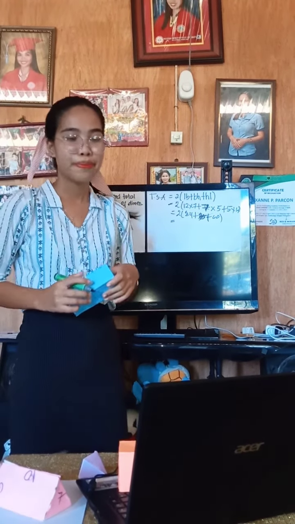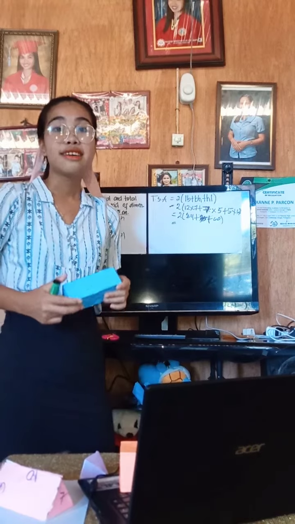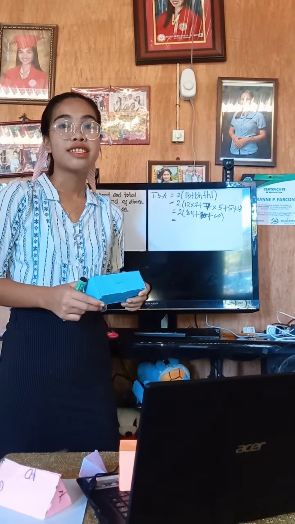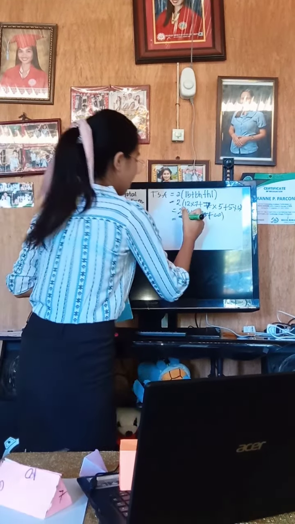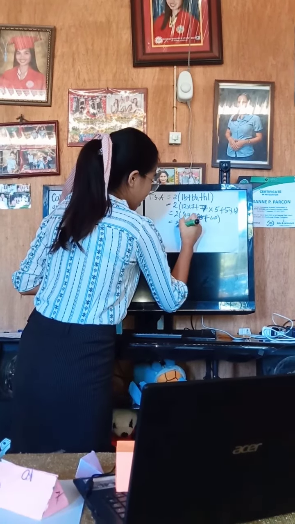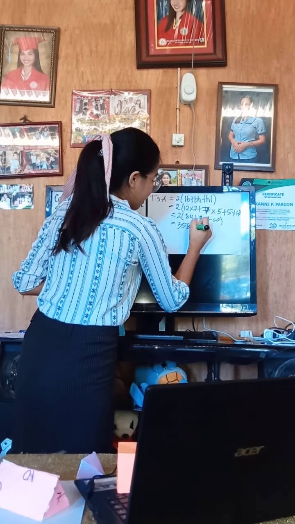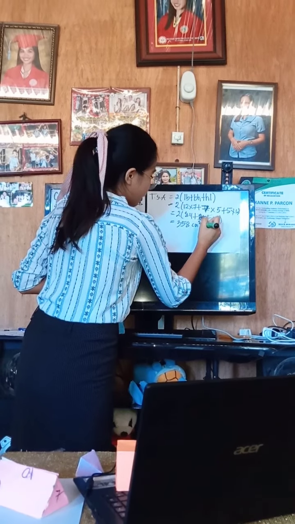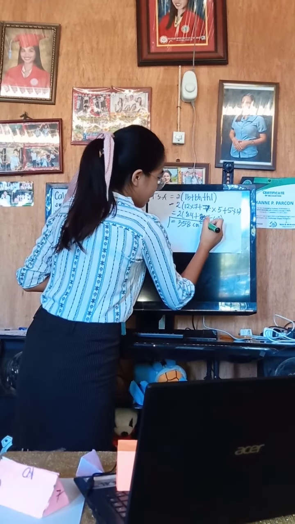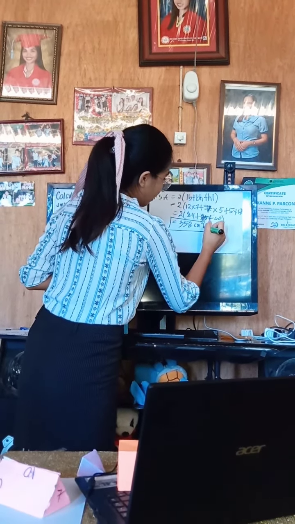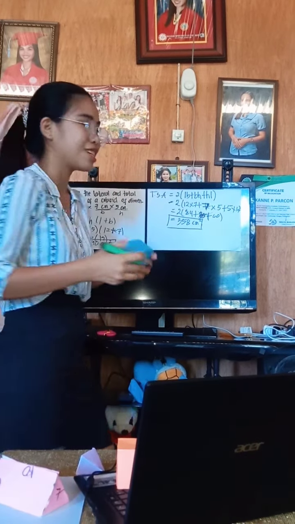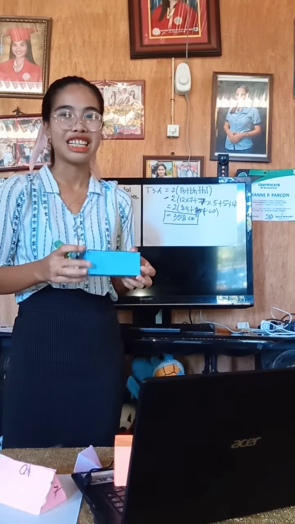So the answer would be 358 centimeter squared. So you can also try to solve it in your calculator to check if my answer is correct, or if it is wrong, you can approach me so that I can change it.